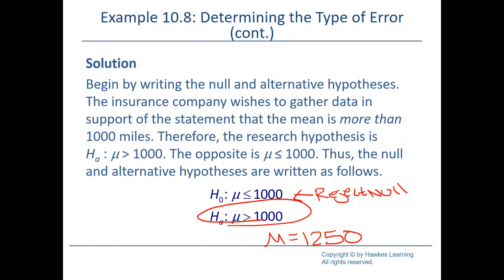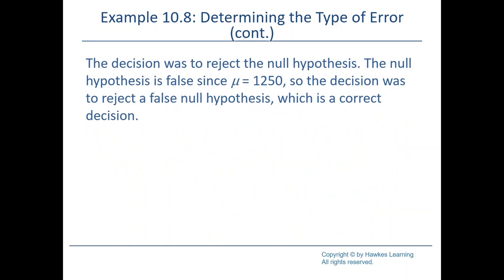Because the null hypothesis was actually false and we rejected it, because we had enough statistically significant evidence to go in favor of the other hypothesis, then technically we made the right decision and no error was made.